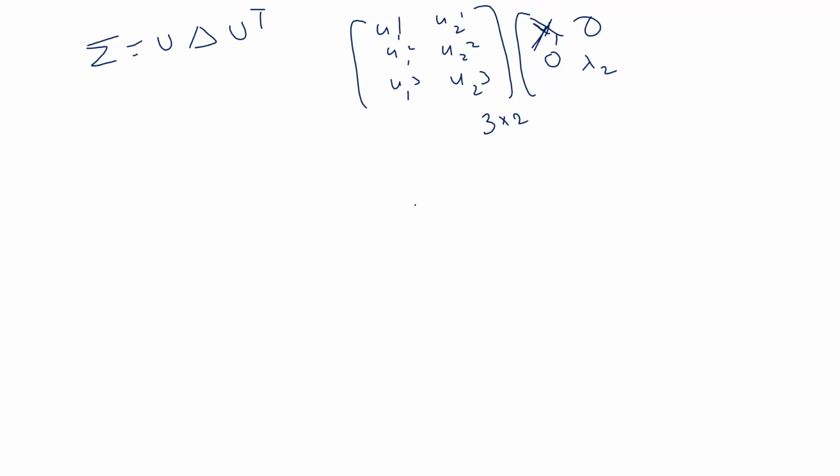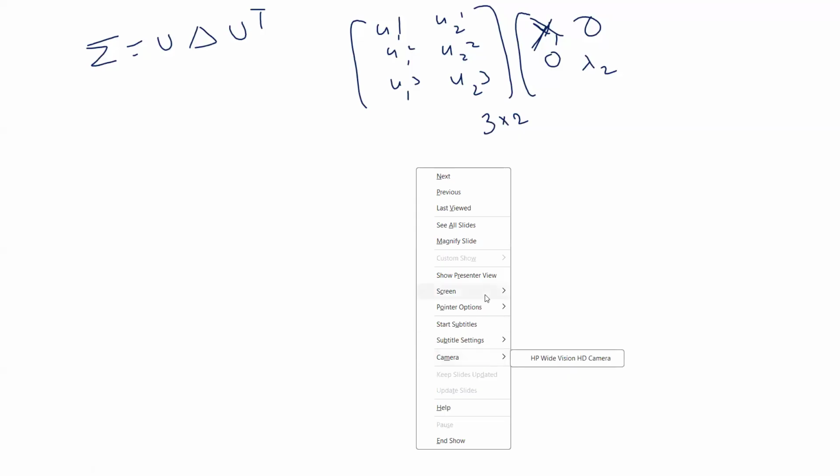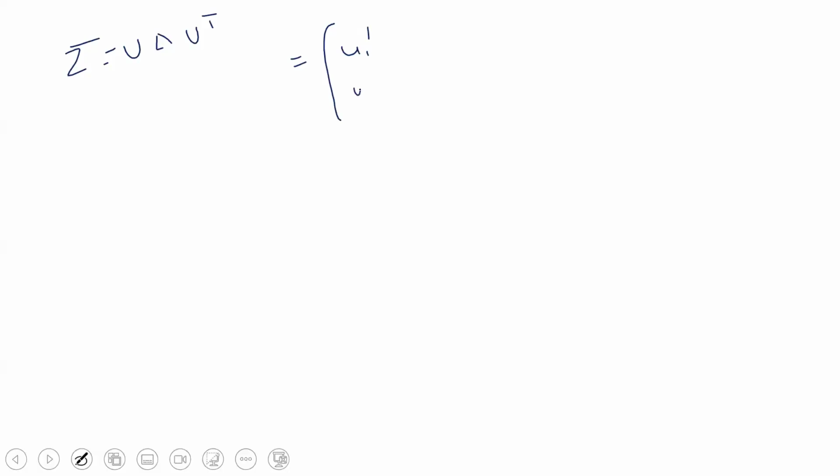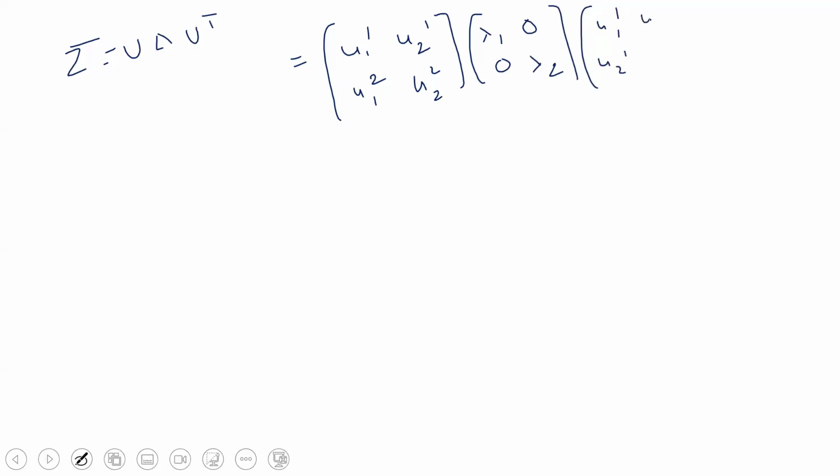These are all symmetric matrices actually, so sigma can be written as U delta U transpose. I'll just take simple eigenvectors u11, u12. This is eigenvector 1, and these are its components in different dimensions, u21, u22. Then this becomes lambda 1, 0, 0, lambda 2, and this becomes the transpose with u11, u21, u12, u22.